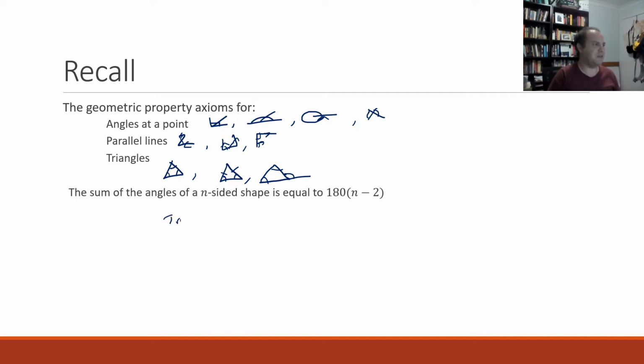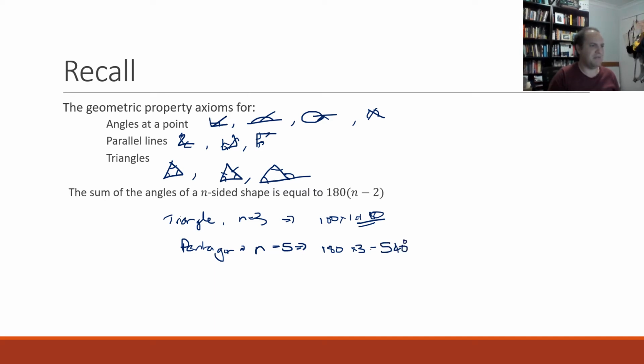So for a triangle, where there are three sides, the sum of angles will be 180 times (3 minus 2), which is 1, so 180 degrees. For a pentagon that has 5 sides, the sum of all the angles is 180 times (5 minus 2), which is 3, so 540 degrees. That rule might be helpful in working out how many degrees you should have in a 5 or 6 sided shape.